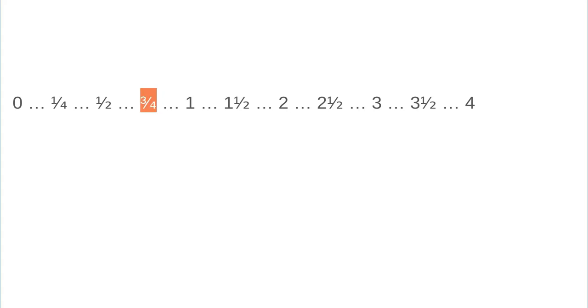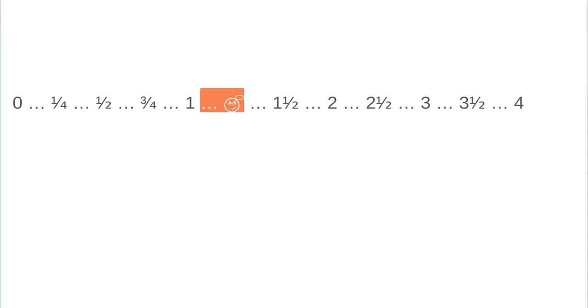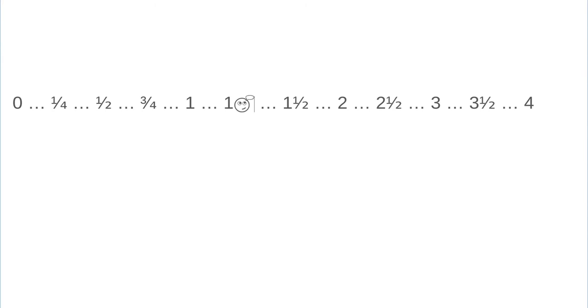Now, 1/2 is also equal to 2/4. So, in a sense, we're just counting here. We go 0, 1/4, 2/4, 3/4. 1 would be 4/4. In between 1 and 1.5 would be 5/4, or 1 and 1/4.